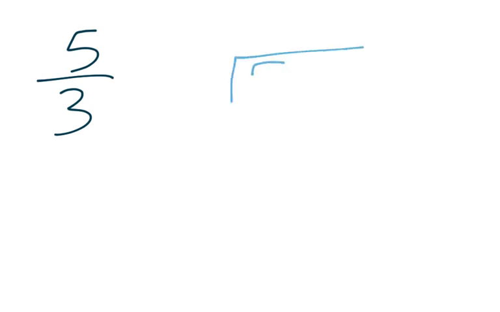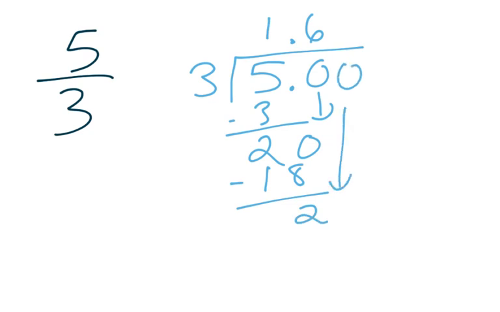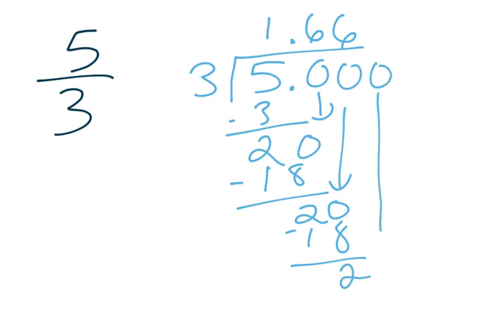One last thing for today. Sometimes you will get a decimal answer, and I know this one doesn't have any decimals in the problem, but sometimes you'll get a problem where you add your decimal in because it's not a whole number as an answer, and then you start subtracting, and pretty quickly you're going to recognize a pattern that doesn't seem to be ending, but does seem to be giving you the same numbers over and over again.